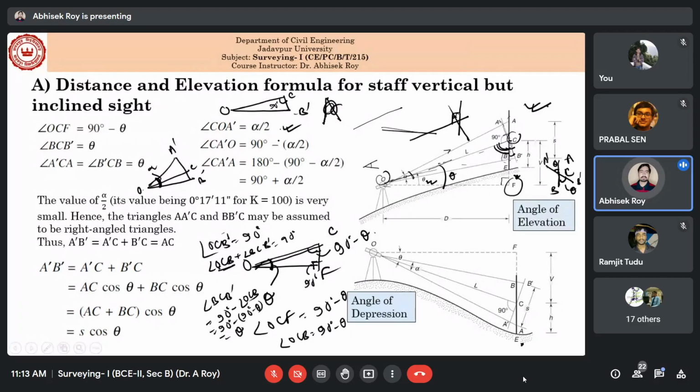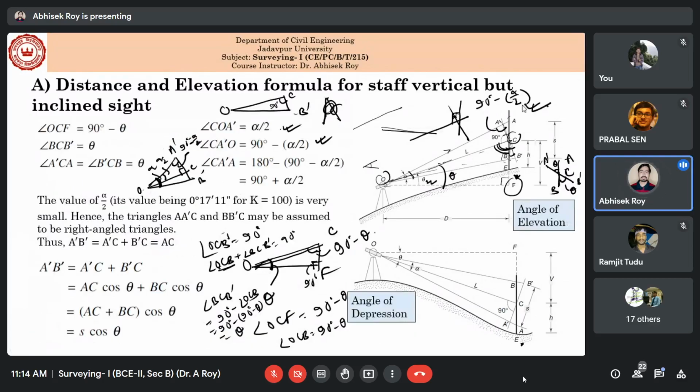Now if this is alpha by 2, then from this triangle, as this is 90 degree, you can write this is alpha by 2. Then from this upper part of the triangle you can write this angle CA dashed O will be 90 degree minus alpha by 2.